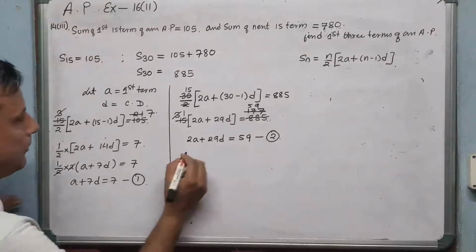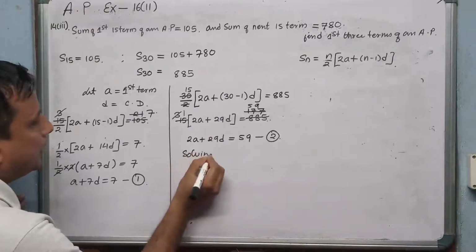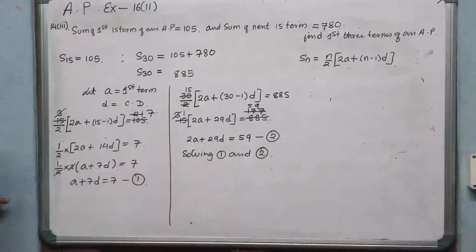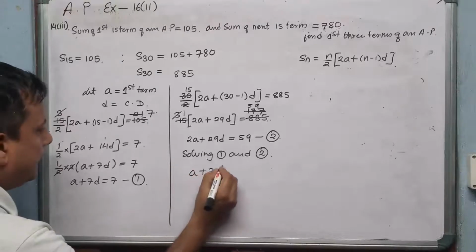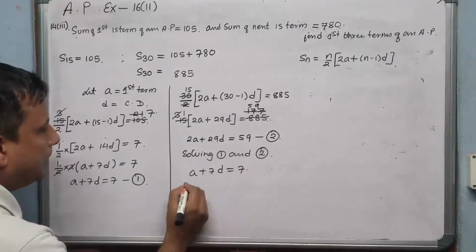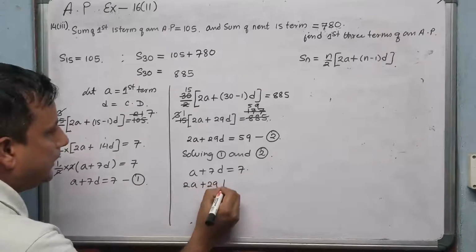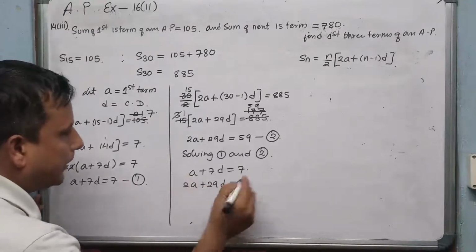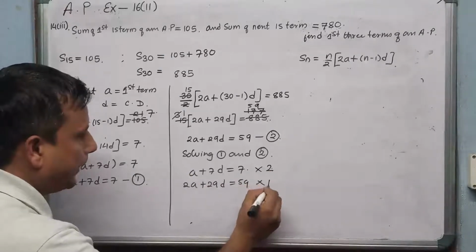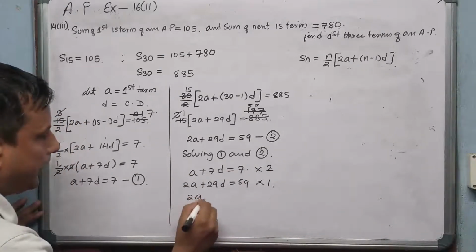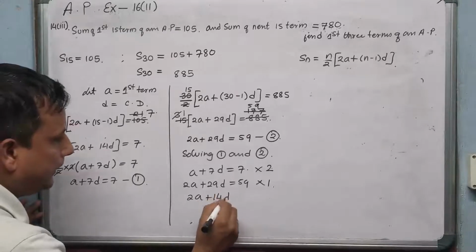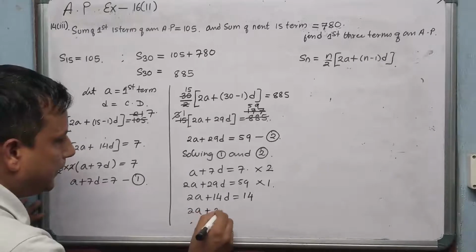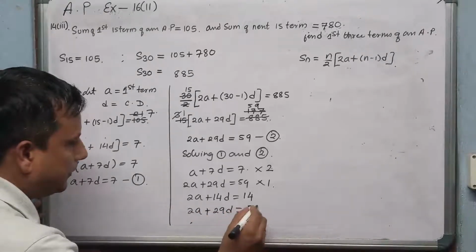Now solving 1 and 2: a plus 7d is equal to 7 and 2a plus 29d is equal to 59. To make the a quantity similar, I'll multiply the first by 2 and this by 1. It is 2a plus 14d is equal to 14, then 2a plus 29d is equal to 59.